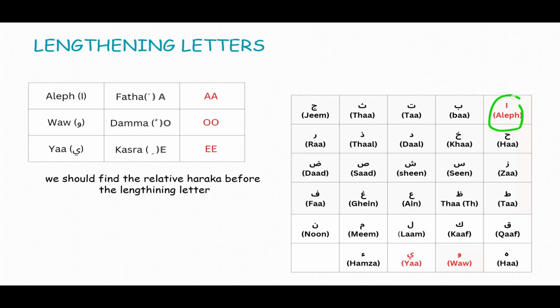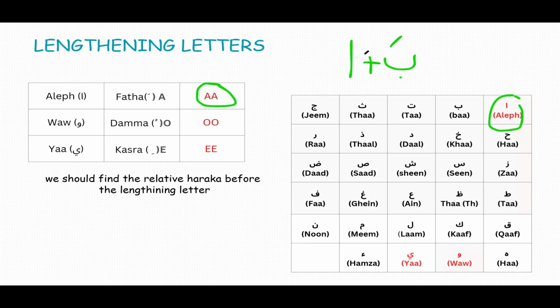What is the sound of alif? It's a long a, not like the small or short one like fatha. Alif has a sound. For example, this is ba with fatha plus alif.